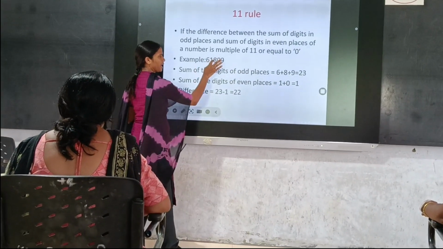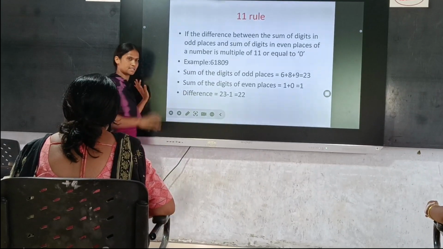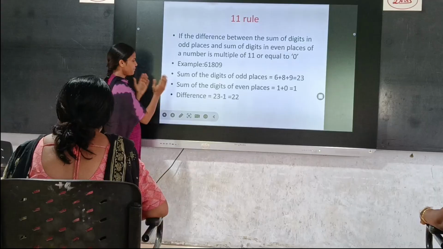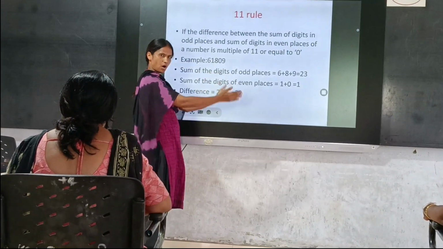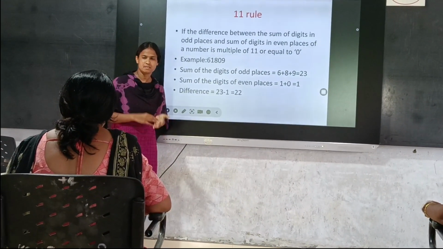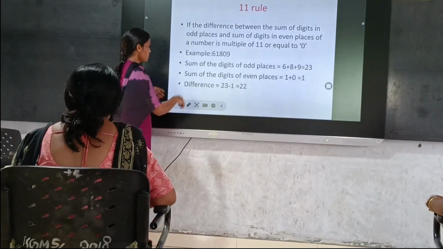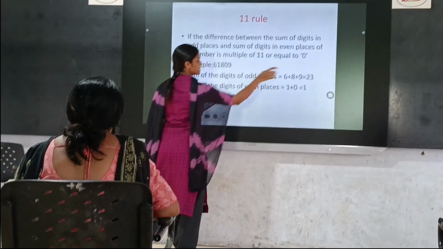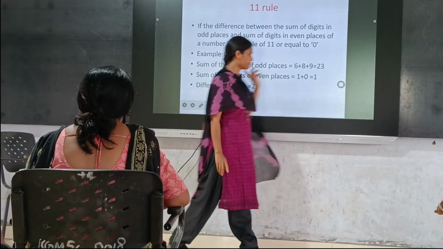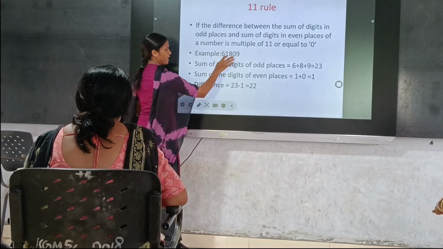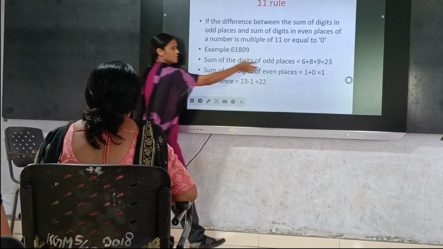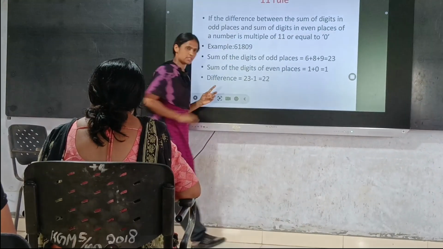Here 6, 8, 9 are the odd-place digits. 1, 0 are the even-place digits. Here we take the difference between the sum of the odd-place digits and the sum of the even-place digits. The sum of the odd-place digits is 6 plus 8 plus 9, that is 23. And the even-place digits are 1 and 0, that is 1. So the difference between these two is 22.